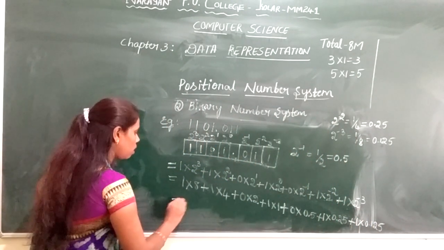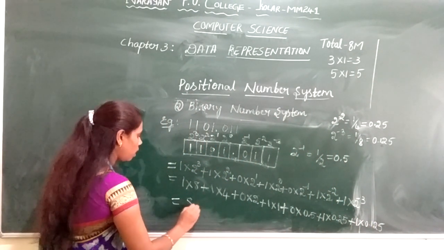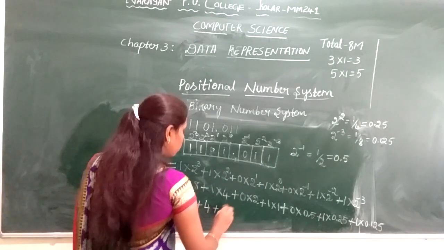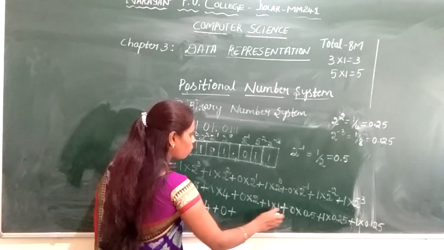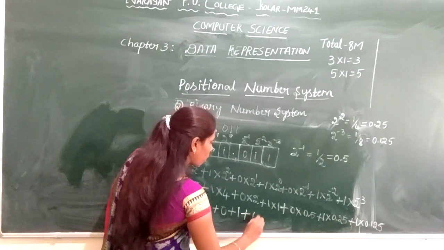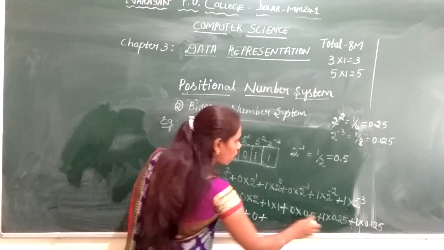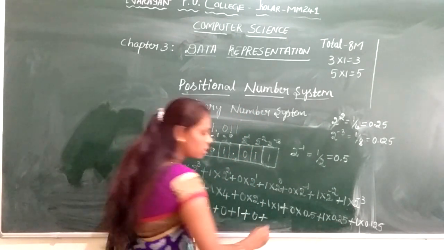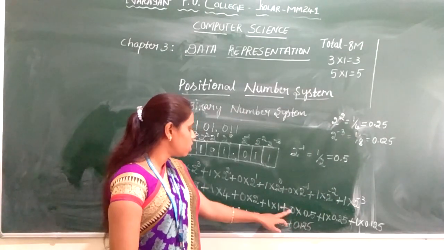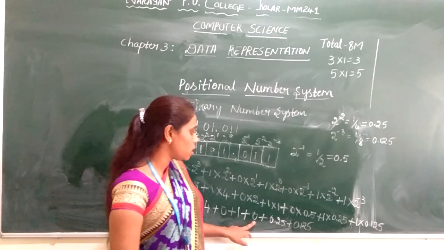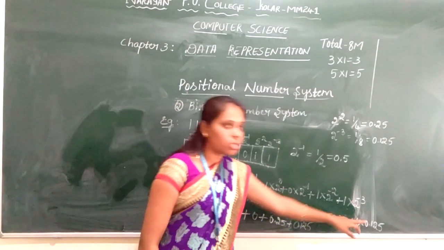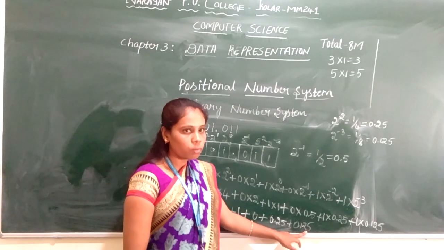So now 8 into 1 is 8 plus 4 into 1 is 4 plus 0 into 2 is 0 plus 1 into 1 is 1 plus 0 into 0.5 is 0, 1 into 0.25 is 0.25 plus 1 into 0.125 is 0.125.